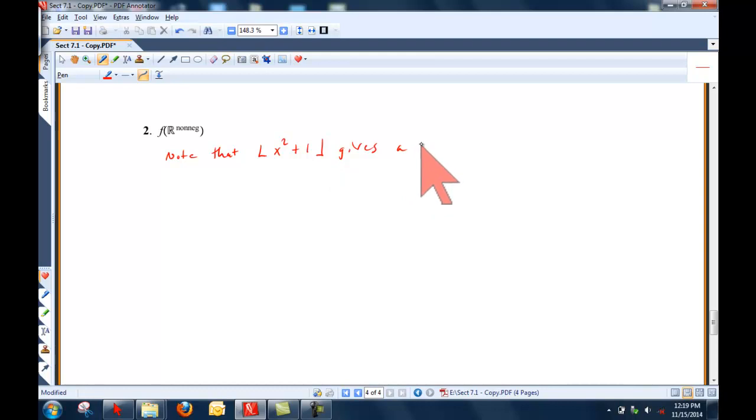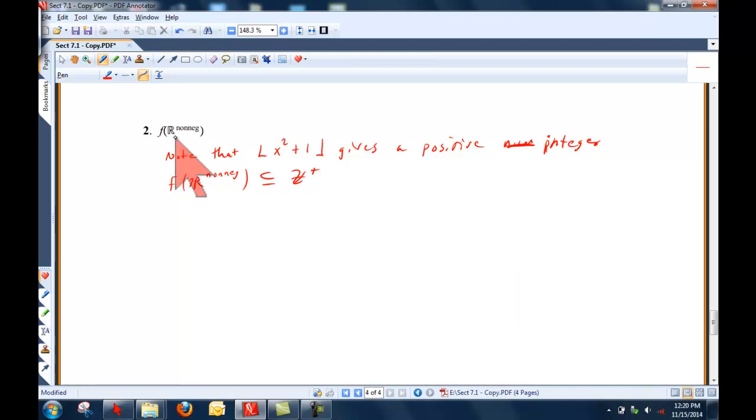And so this gives a positive number, more specifically a positive integer. So what I'm saying at the moment is f of r non-negative, the range is contained in z plus, positive integers.